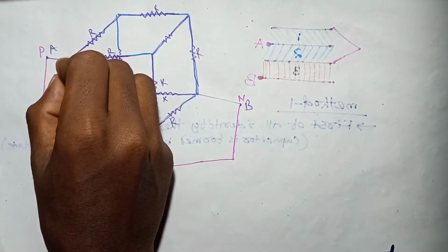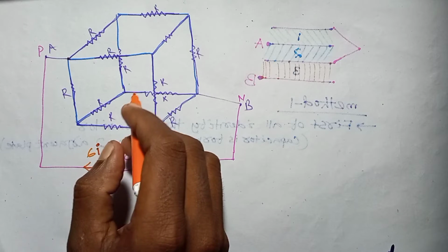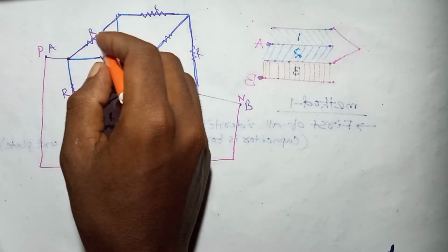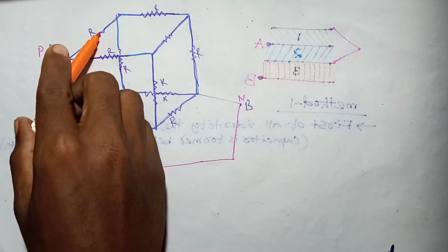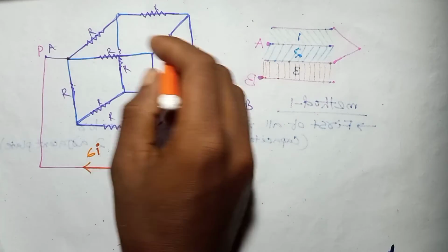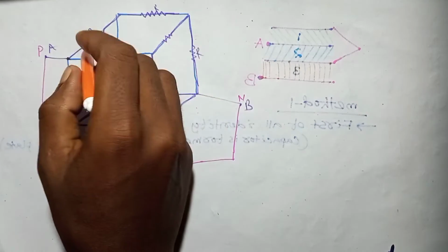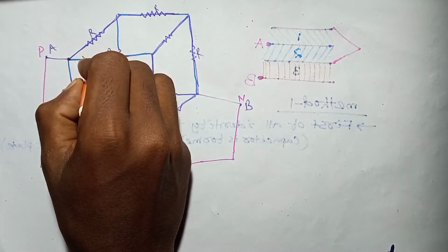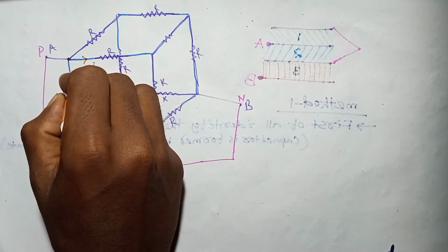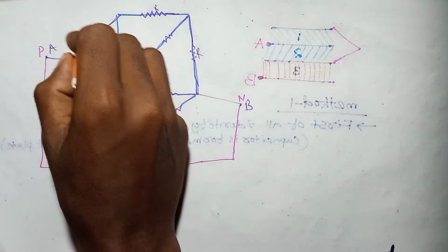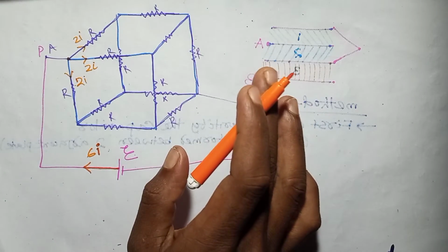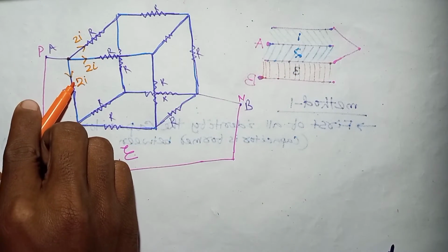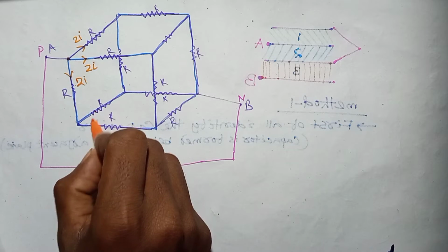At this point, this 6I current will get divided into 3 parts. As these 3 resistors are equivalent, equal currents will flow through all of them. So in this branch it is 2I, and in this branch it is also 2I. Now again this 2I current will get divided in these 2 branches.